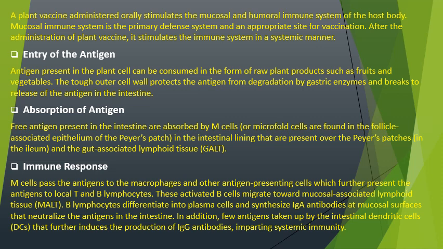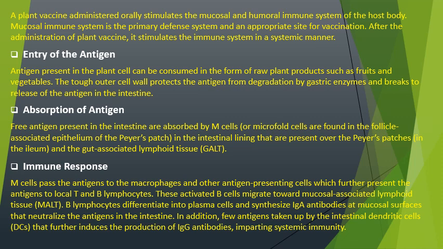M cells pass the antigens to the macrophages and other antigen presenting cells, which further present the antigen to local T and B lymphocytes. These activated B cells migrate towards the mucosal associated lymphoid tissue, and B lymphocytes differentiate into plasma cells and synthesize immunoglobulin A antibodies at the mucosal surfaces that neutralize the antigens in the intestine.